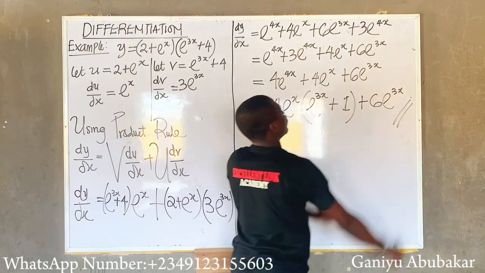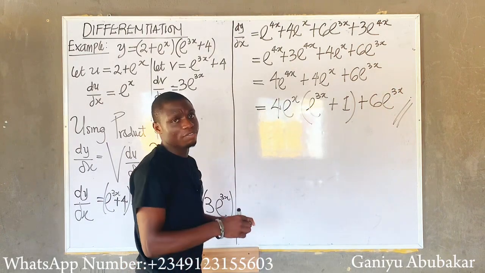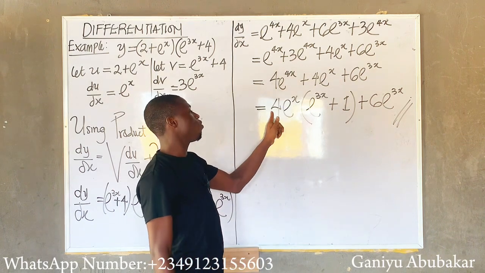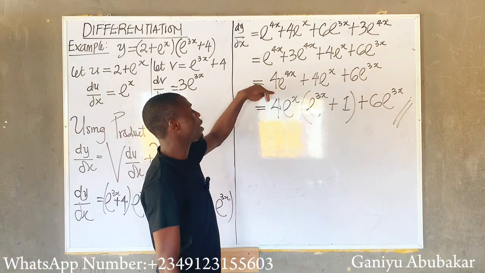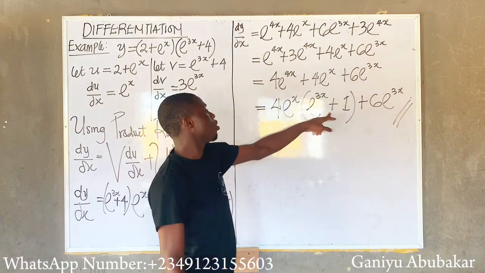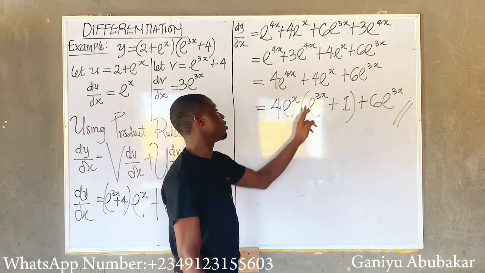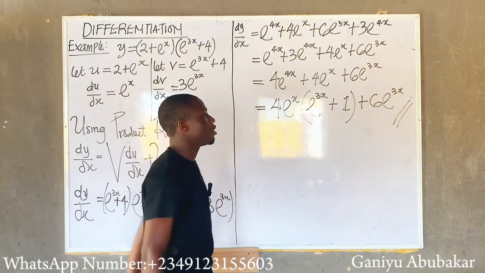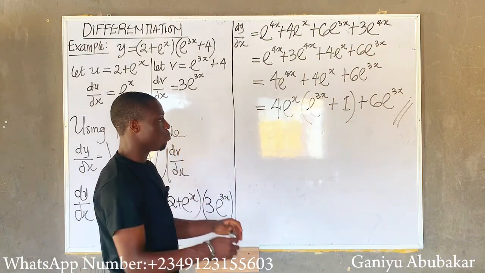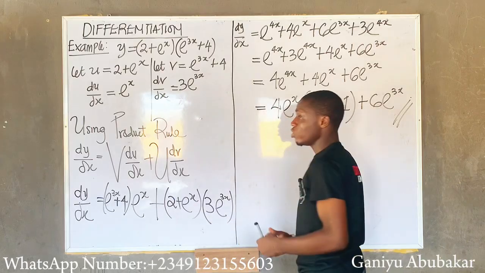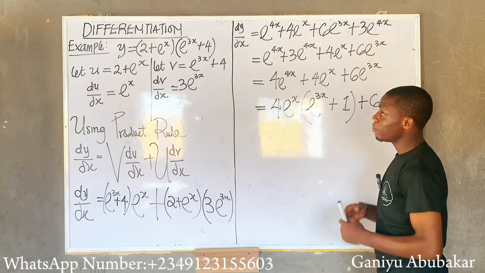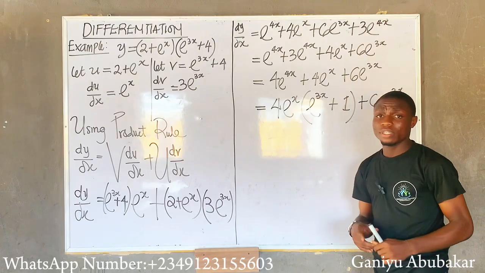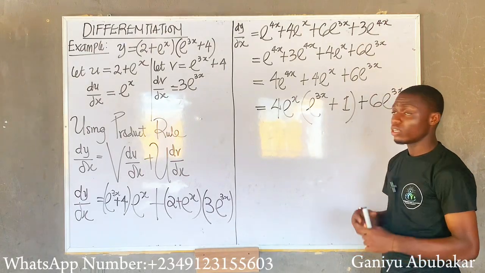I can still leave it this way. What do you observe? 4 exponential x times 3 exponential x gives 4 exponential 4x, plus this times 1 is this. So this is how I solve this particular problem. As you can see, if you want to, you can leave your answer this way, and if you want to, you can go ahead and simplify. But basically this is how I solve this particular problem.